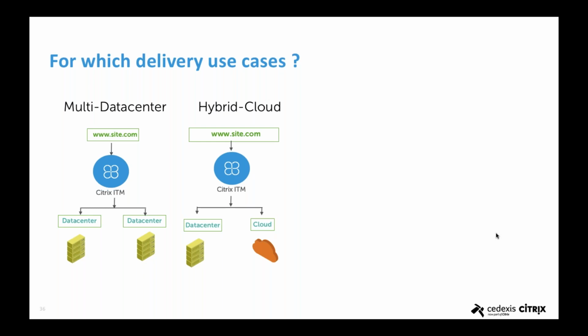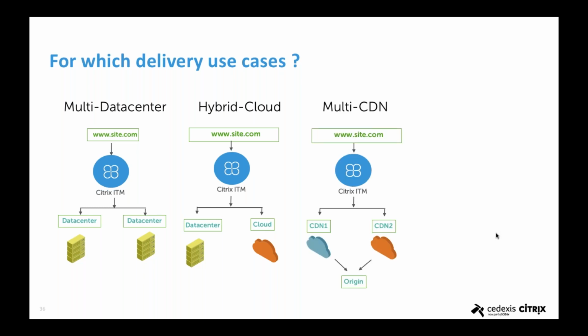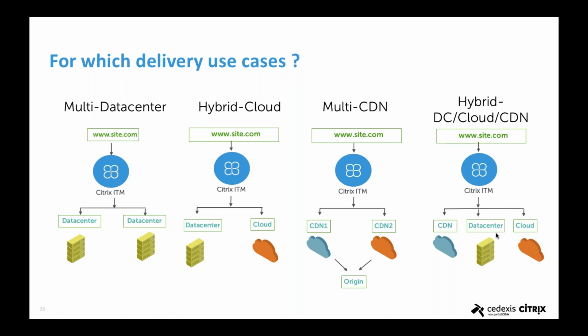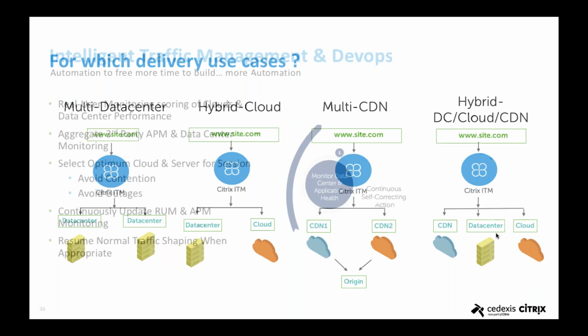Hybrid cloud scenarios are a good use case as well, from a performance perspective, because cloud regions could be closer to the end user, but also for control over cost and performance. Multi-CDN is a good use case for large file downloads and video, where you usually put one CDN, but one CDN will not necessarily provide the availability and the performance for all the end users. And a mix of those, between data center and CDN, or between cloud and CDN, as we see in different cases.